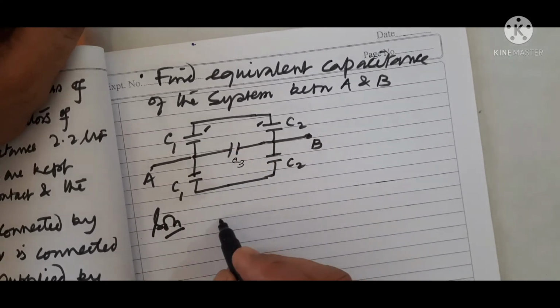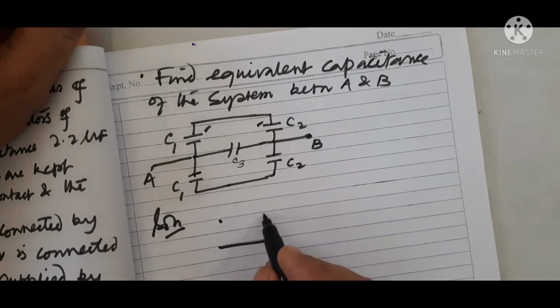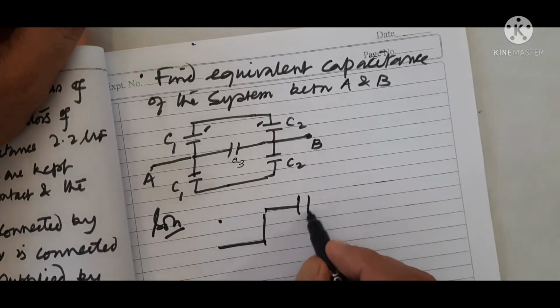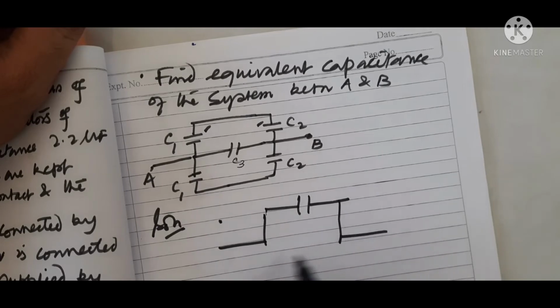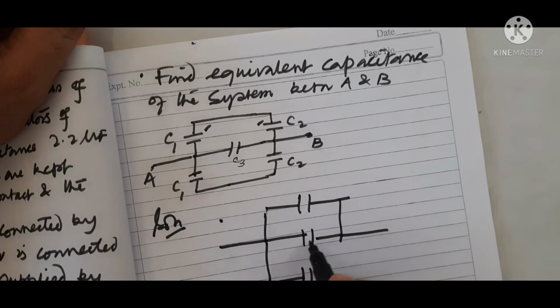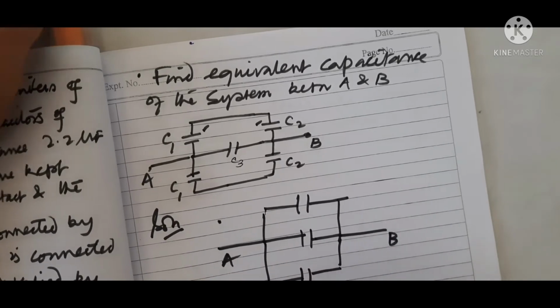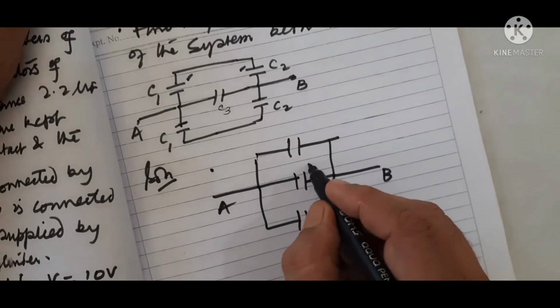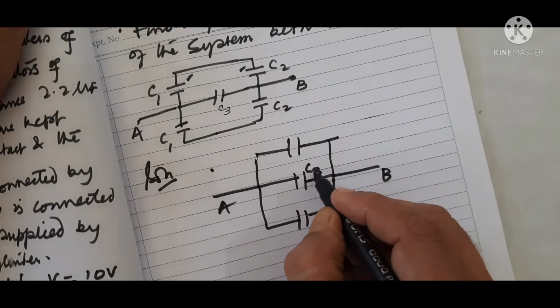So how to draw it? Again I am drawing the resultant. This is your A and B. This is C3 in between.